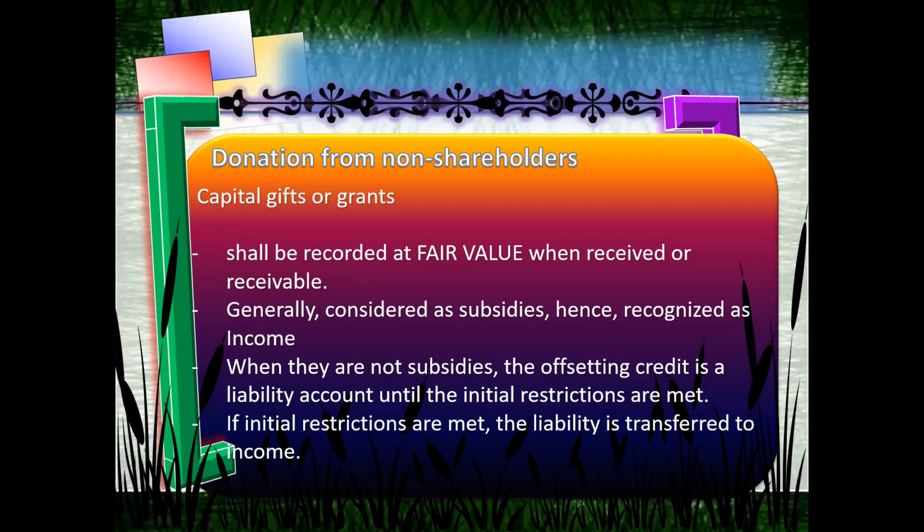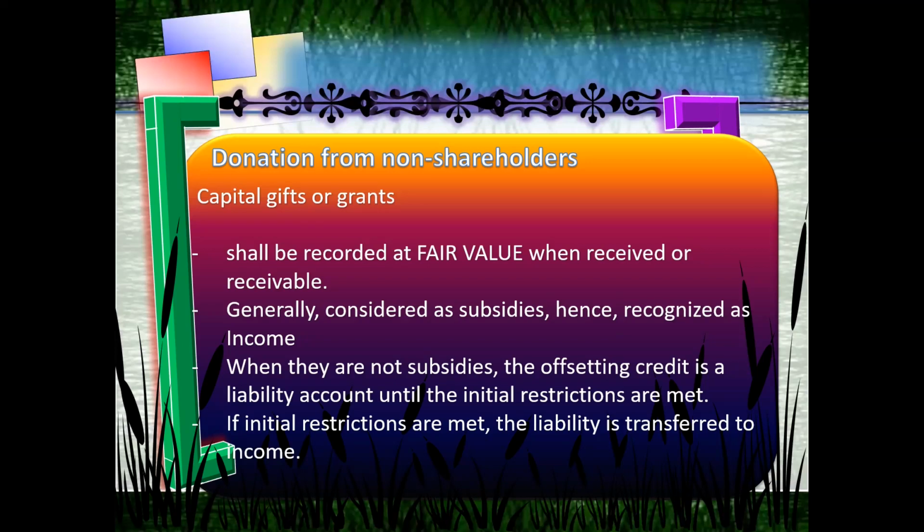Now, take note again that there are two parts here, or we're actually talking about two items here. One is the asset. So what am I going to do? How do I measure the asset now that I have received from this donation from a non-shareholder? So ang sinasabi dito that ang asset na na-receive natin should be recorded at fair value.